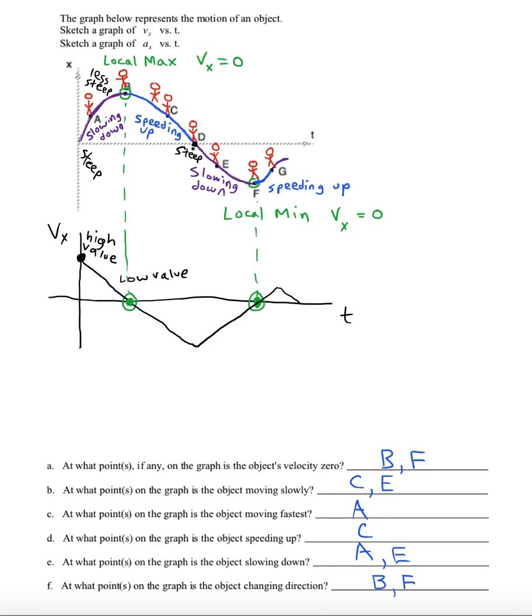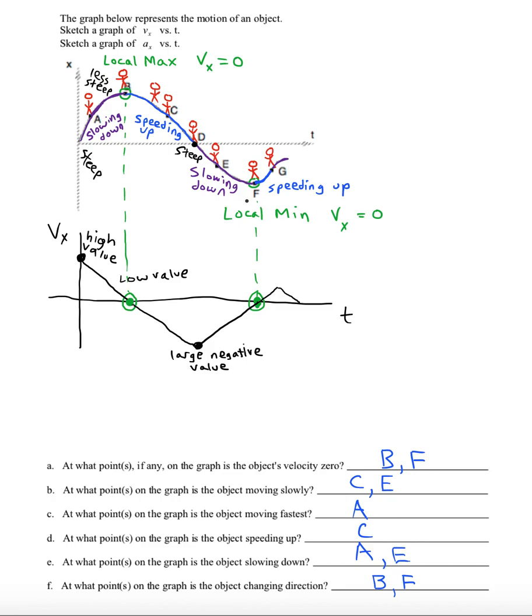Now here we see that the position graph is steep in the negative direction, so we want a large negative value at this point.